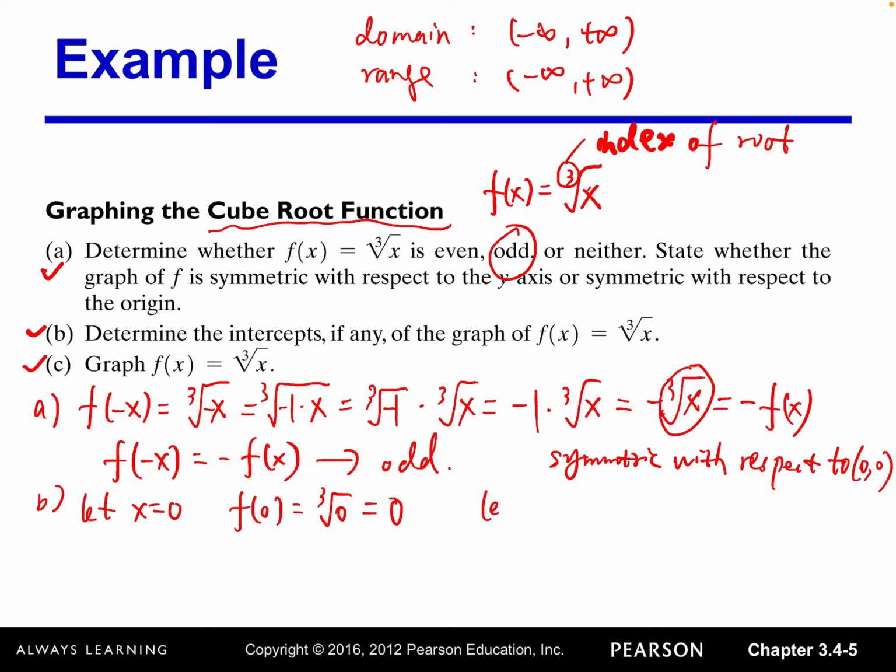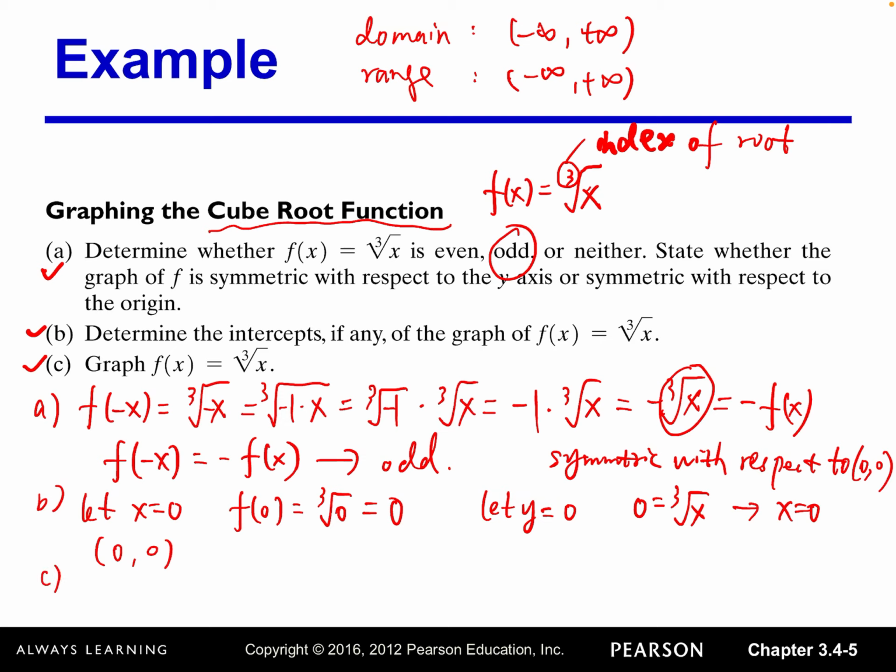What about the other intercept? Let the y-coordinate be 0. So we have 0 equals third root of x. Raising both sides of the equation to the third power, we solve and x is still 0. That means both the x and y intercepts are right at the origin 0, 0.